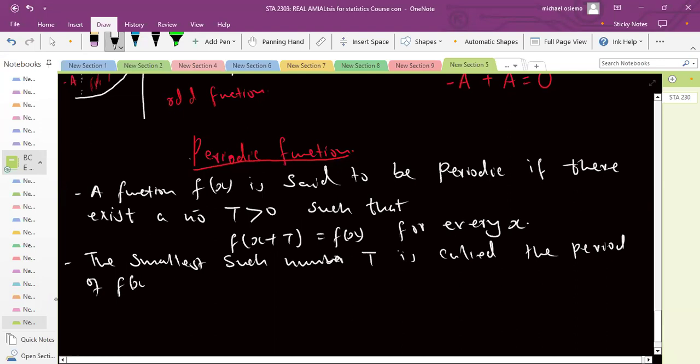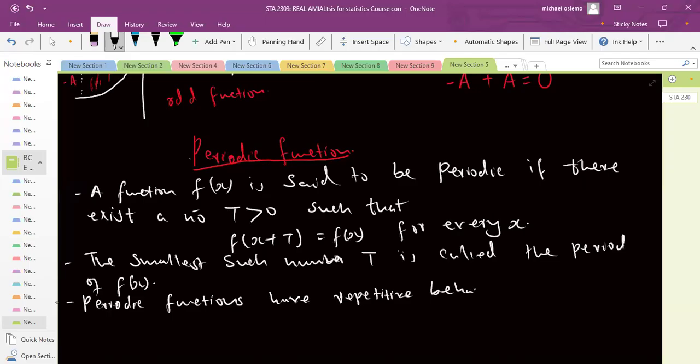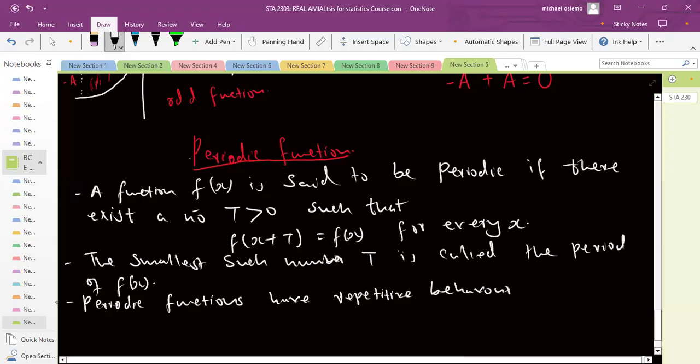The period of f of x. So periodic functions have repetitive behavior. We have repetitive behavior.